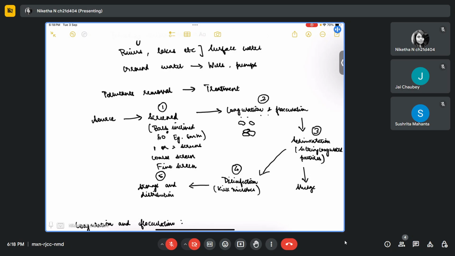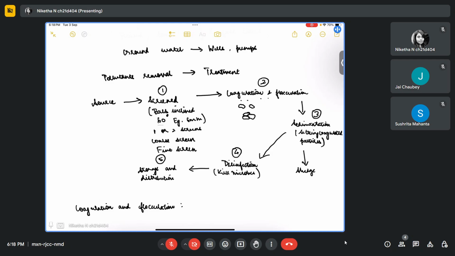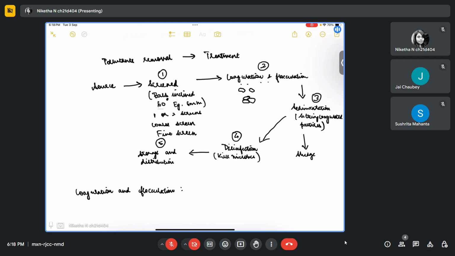After that, we will do sedimentation, where we settle the particles in a sedimentation tank, and whatever settled particles are there will be collected separately and disposed. That is the sludge.